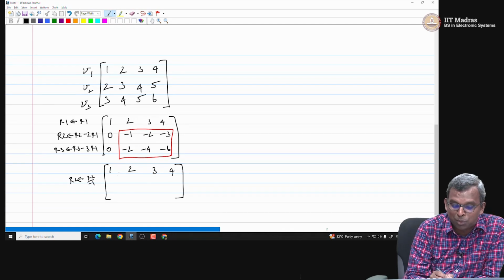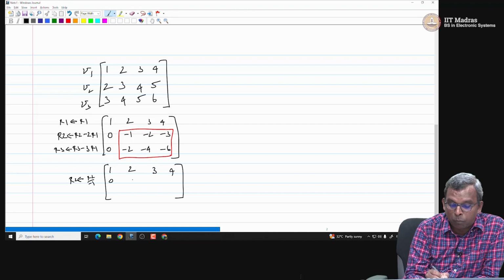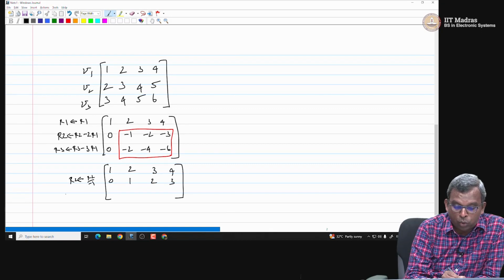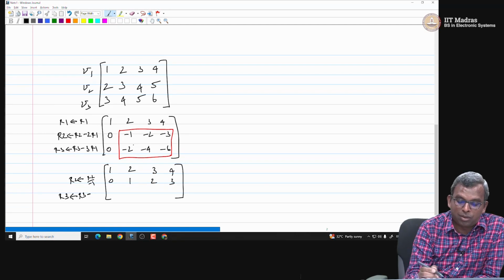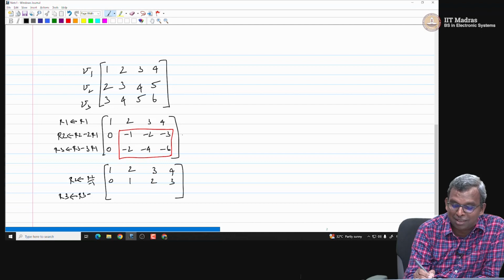So I'm dividing by minus 1 or multiplying by minus 1, both of them are same. So it becomes 1, 2, 3. Now what do I do for row 3? Row 3 is going to be row 3 plus, okay, so divide by minus 1, it's going to be minus, so my row 2 is still minus 1, minus 2, minus 3, just keep that in mind.